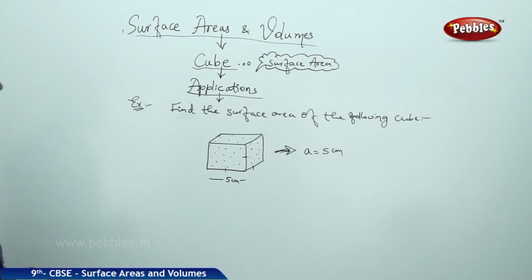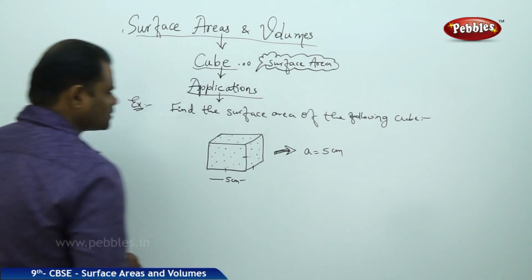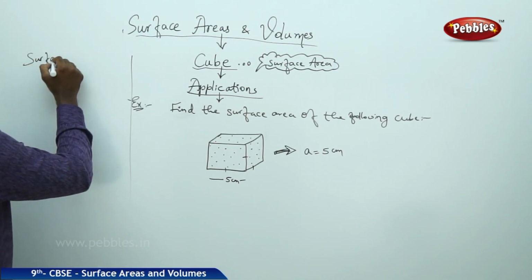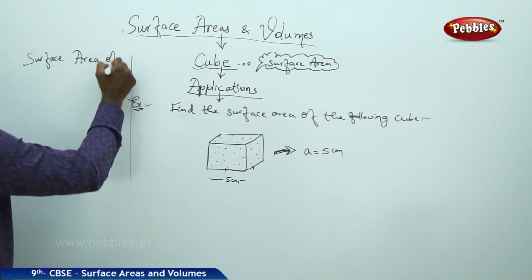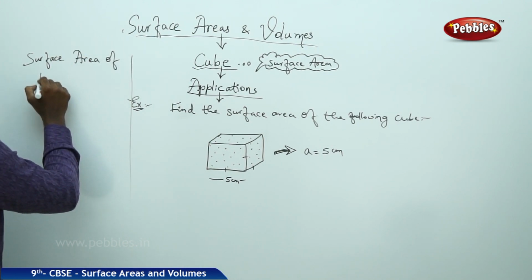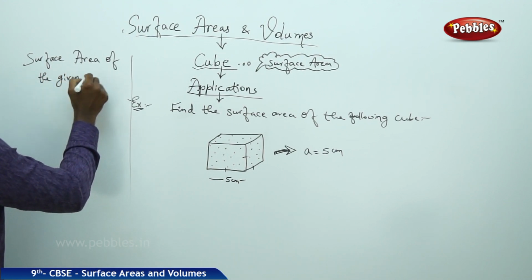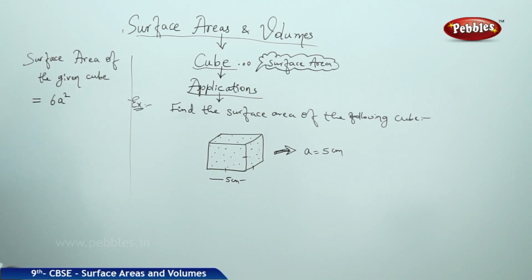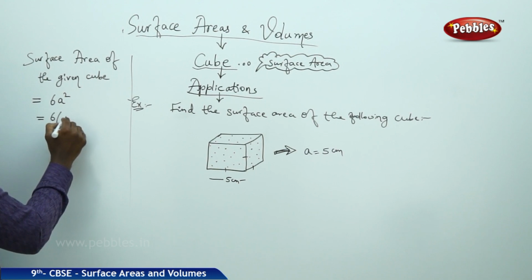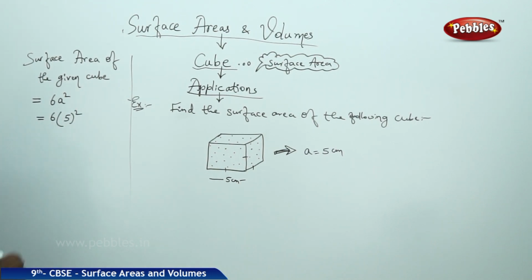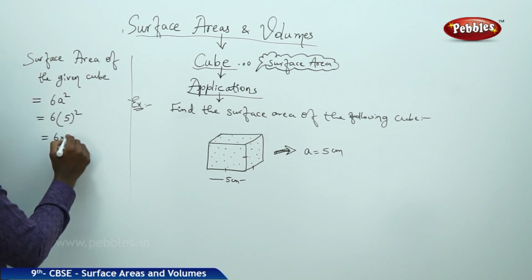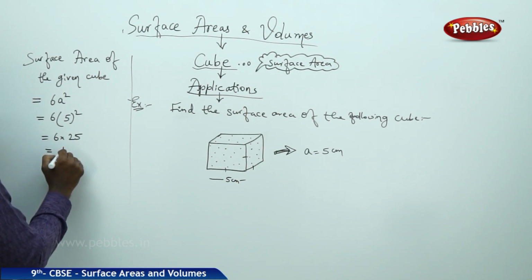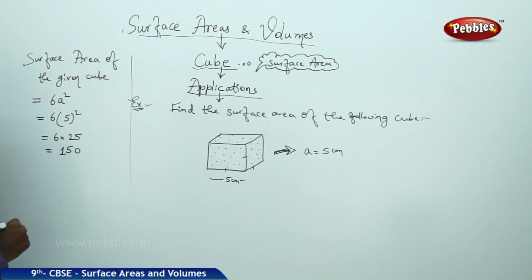So using a equals 5 centimeters, surface area of the given cube is 6a square, formula 6 times a square, which is 5 square, and 5 fives are 25, 25 sixes, which is 150.